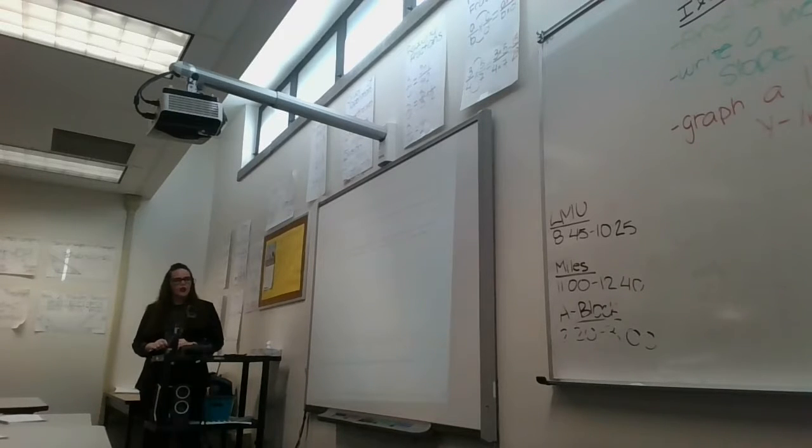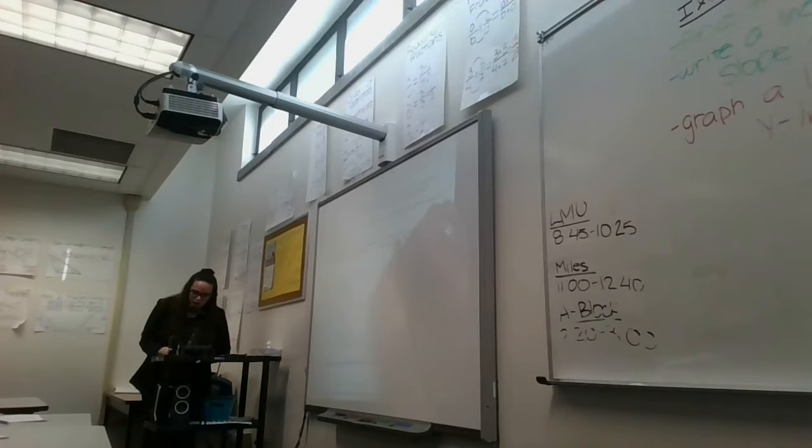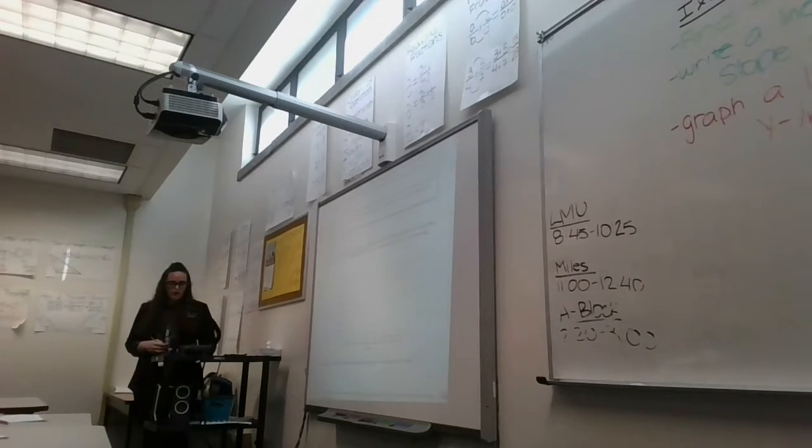Number 1, on the I do, a truck rental company charges a $150 rental fee in addition to a charge of 50 cents per mile. Graph the linear function relating the total cost of the rental in dollars C to the number of miles driven M on the axis below. Someone help me out.